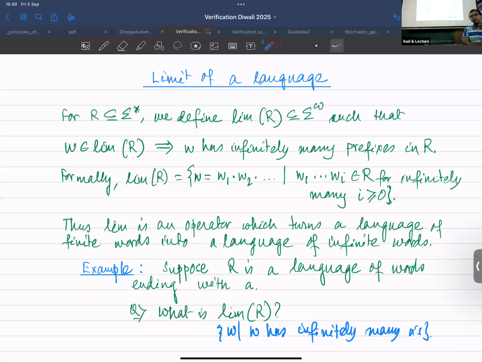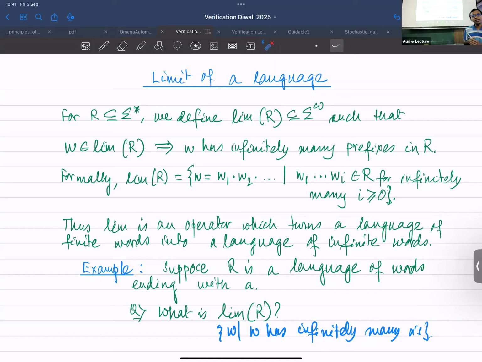We are saying consider the limit of a regular language. You have a regular language, you can consider a DFA for that, you can consider the limit of that regular language, and you can also consider a DBW, which also accepts infinite words.